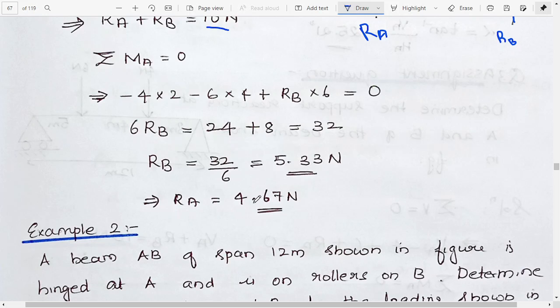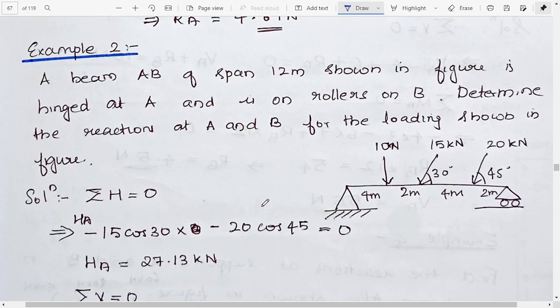Okay, so the next problem, a beam AB of span 12 meter. Span is the distance from this point to this point, 12 meter, shown in figure, is hinged at A. So hinged is something like windows, so it will be moving, it won't be having any horizontal force, or it will only be having this vertical force.